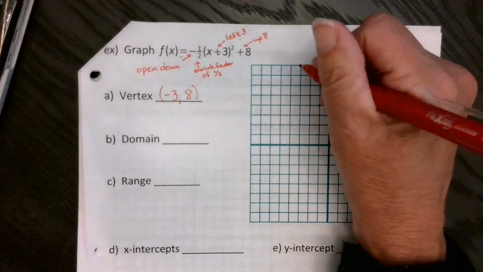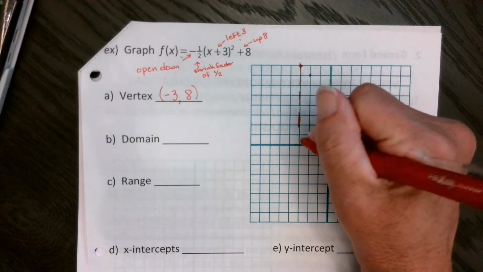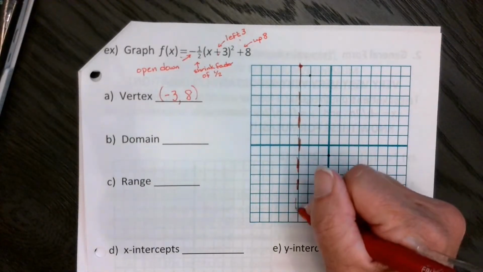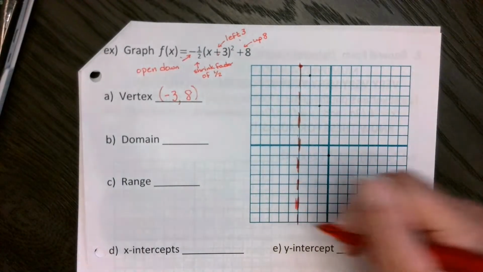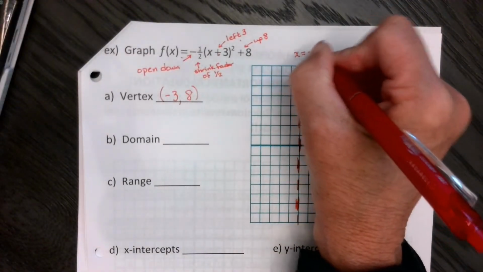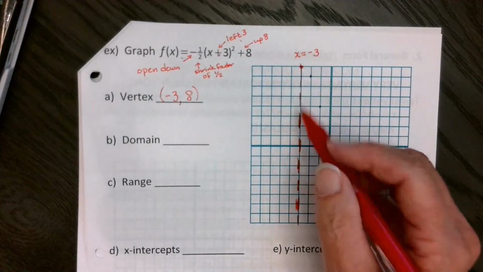Don't forget, you have this axis of symmetry. That is an imaginary vertical line at x equals -3. Okay, it's on the -3. That is that line.